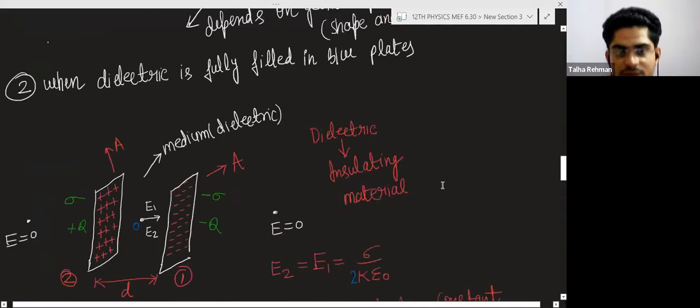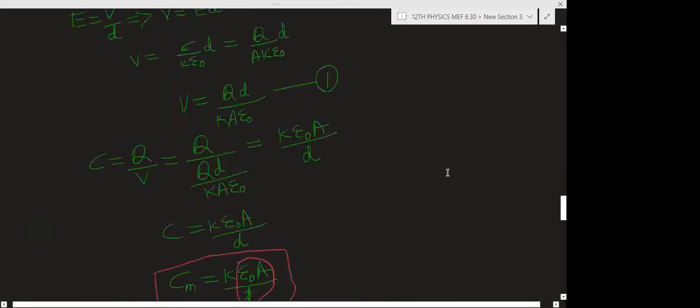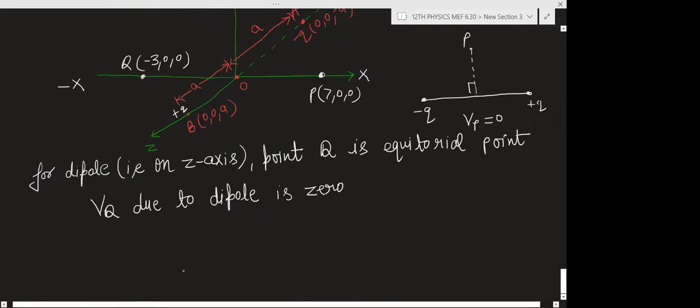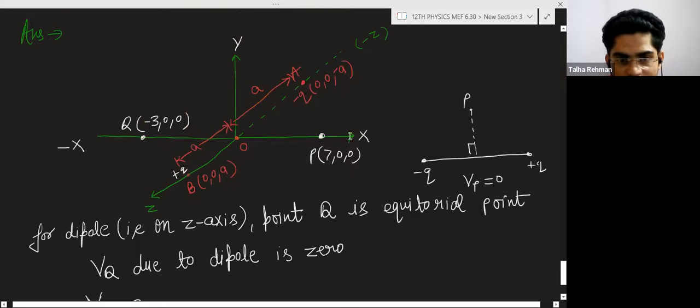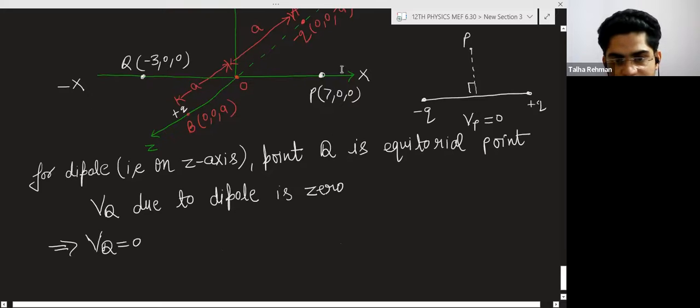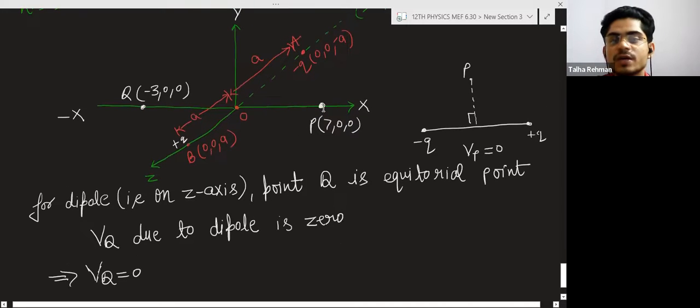Hamza, hope you have remembered. Okay, so I am writing here VQ is equal to 0. Now I want to calculate the potential at point P, and this point P is also at the equatorial position.